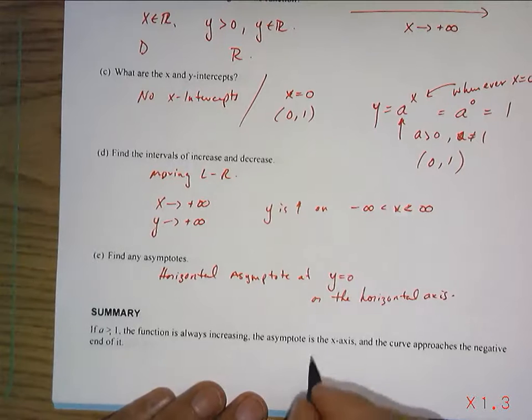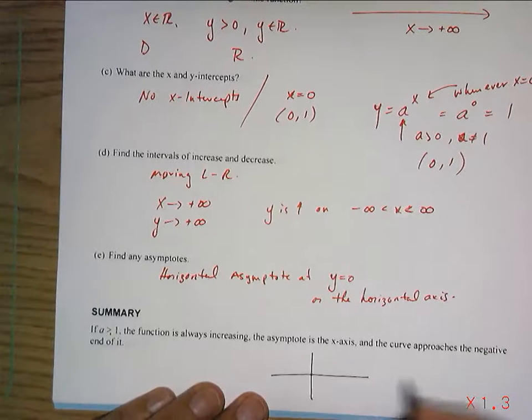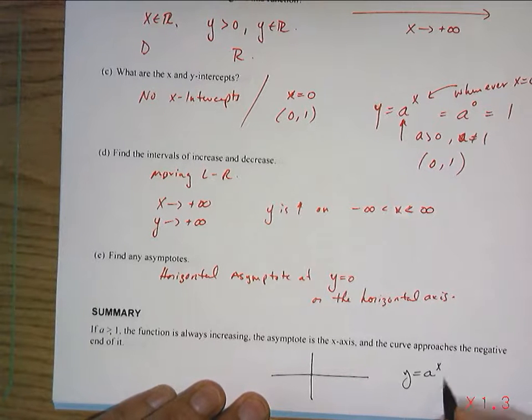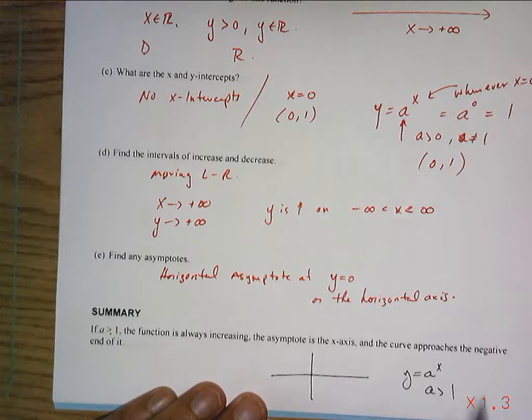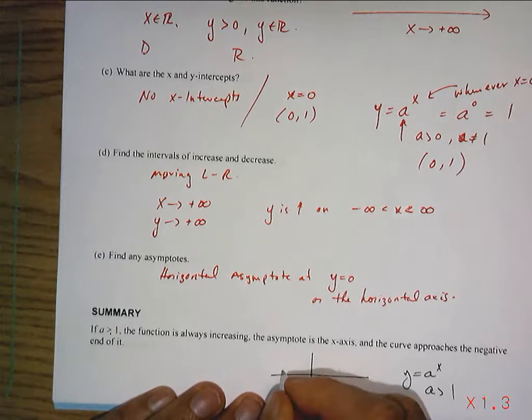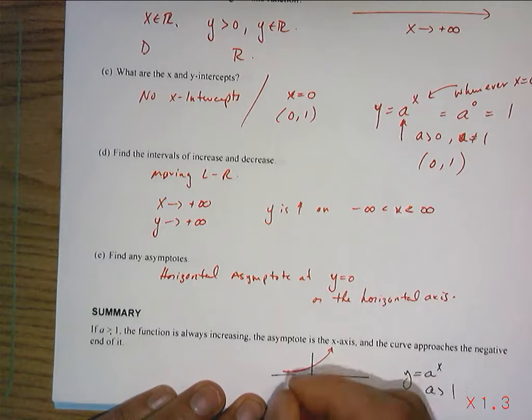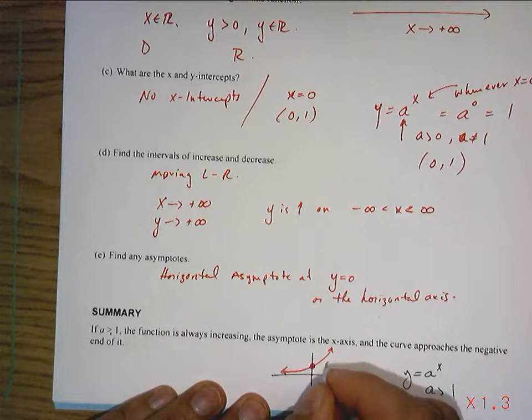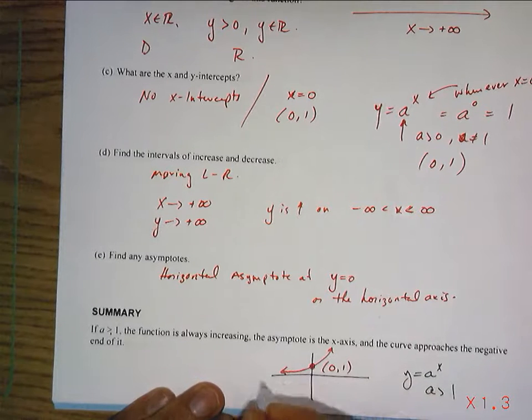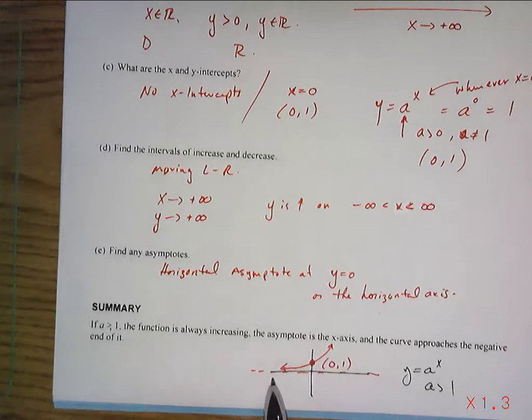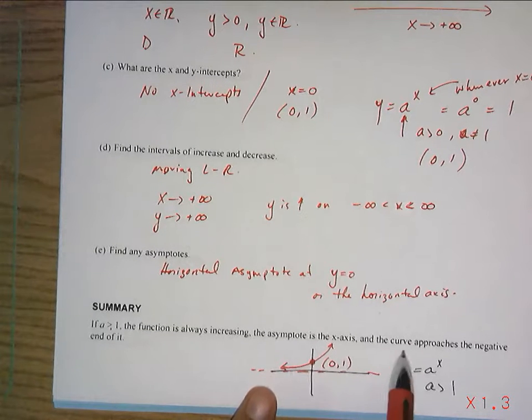So what they're trying to say is that if you have y equals a to the x, and if a is greater than 1, you're always going to have a curve that looks like this. It might rise steeper than others depending on that a value, but it's always going to have a horizontal asymptote at the x-axis. It's always going to cross through 0, 1, and the curve approaches the x-axis going this way.